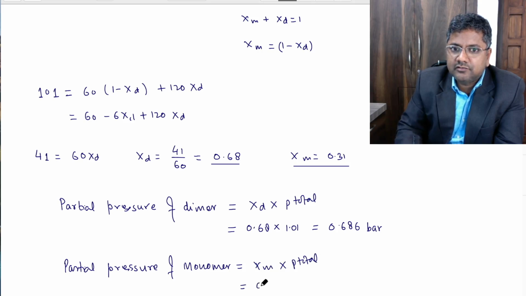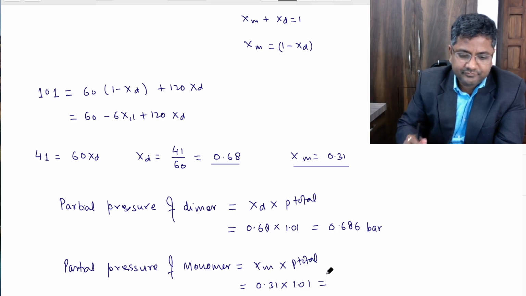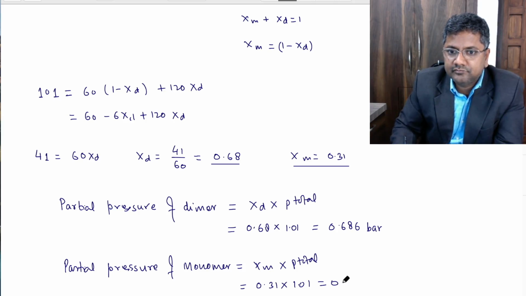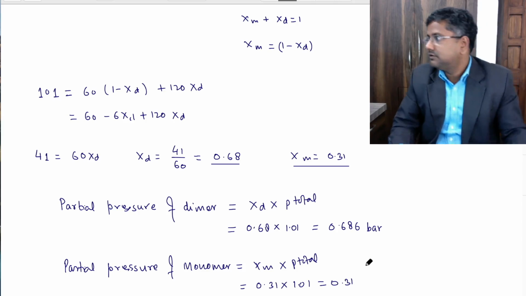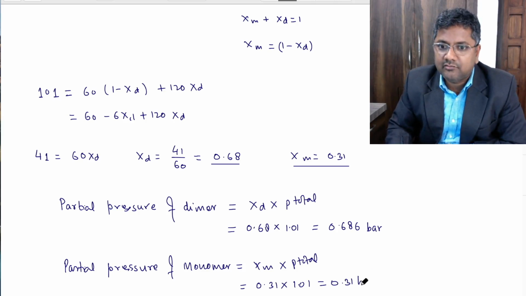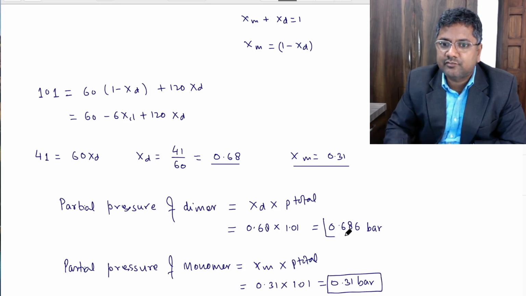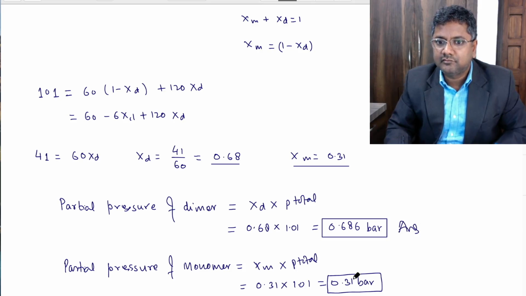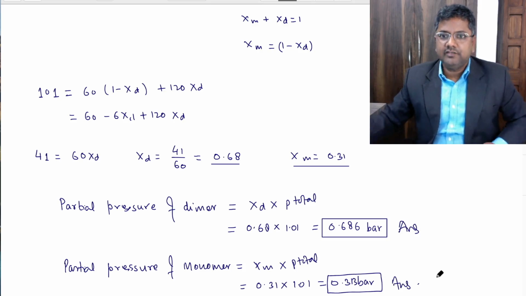So this is equal to 0.31 into 1.01, right? So it is 0.31 bar, and the other is 0.686 bar.